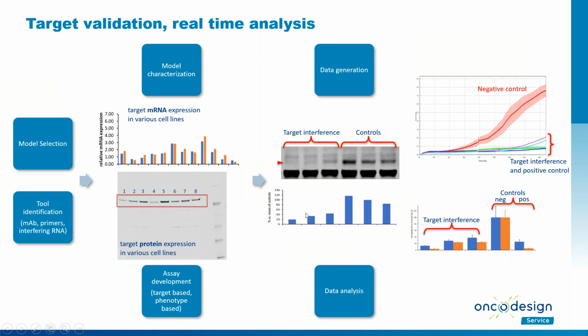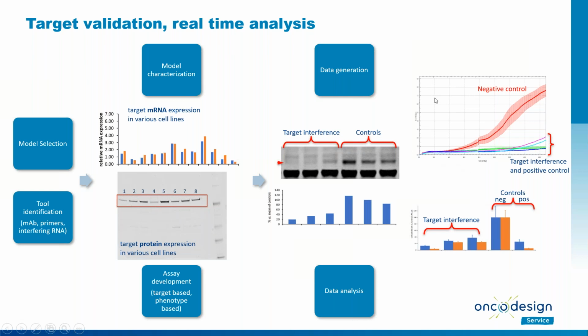Then we have the quantification of that. And then what we've done, having these two tools validated, is to follow the cell growth over time and confirm that change in cell growth, cell proliferation capability is related to interference and protein expression.